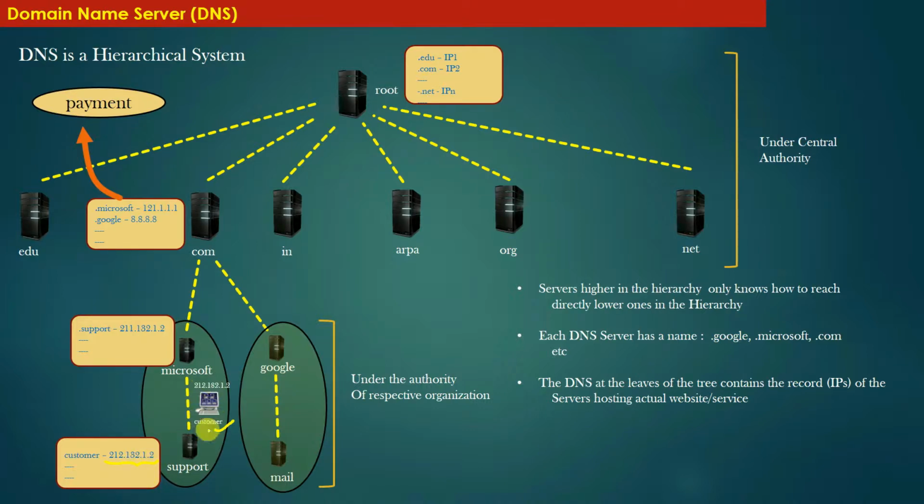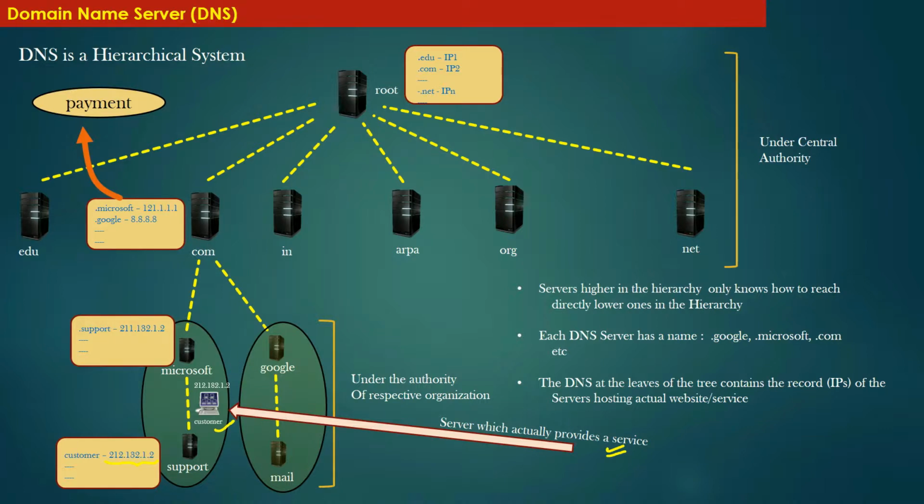And it is this customer server which actually provides a service. Now that service could be access to the Microsoft website. So note that customer is not a DNS server, it's a normal server which actually provides a service to the end user, whereas all other black boxes that you can see on this slide are domain name servers.